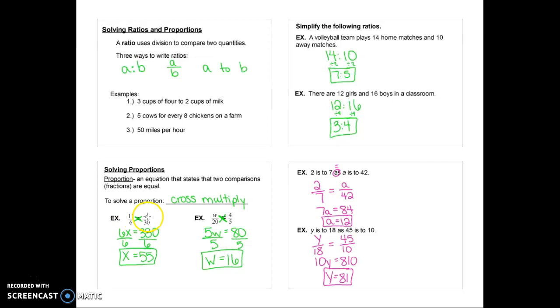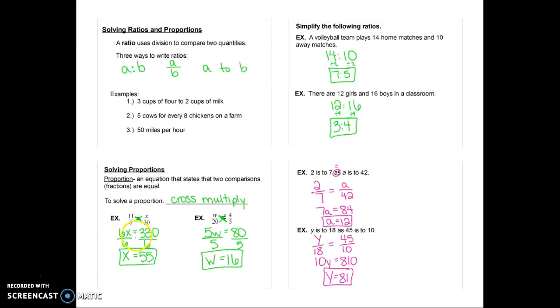So 6 times x is 6x, and 11 times 30 is 330. That equal sign that was in the middle has to stay in the middle. So 6x equals 330.